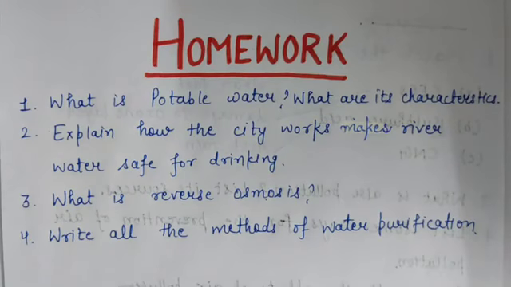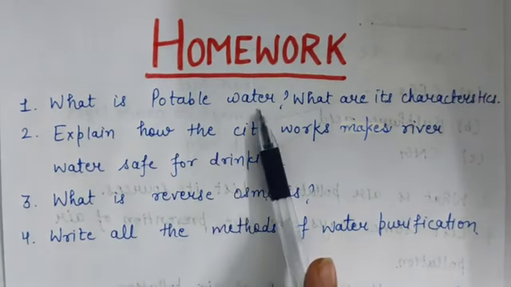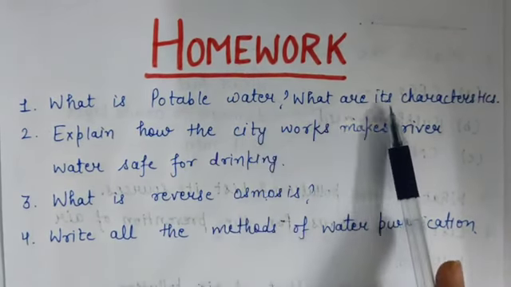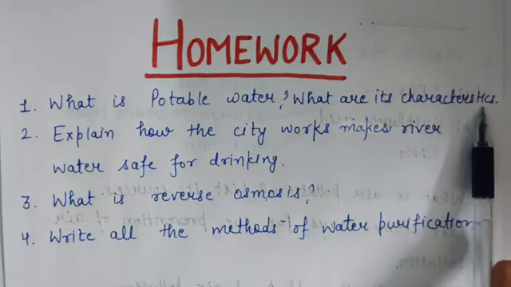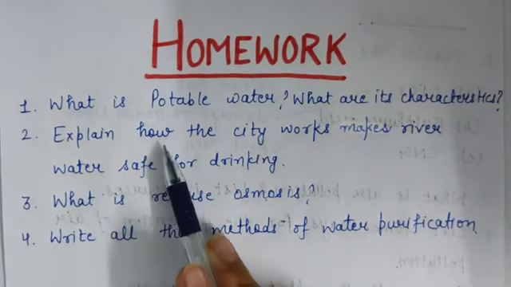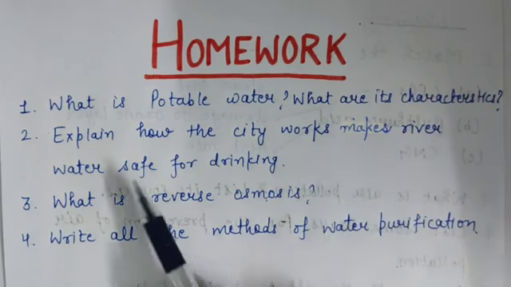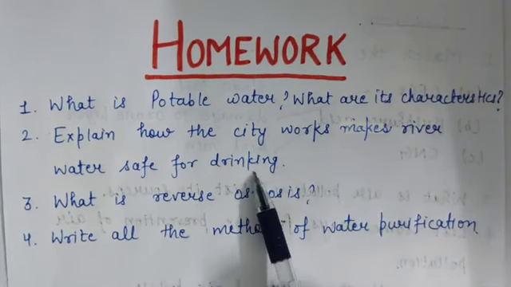Students, this is your today's homework. First question is, what is potable water? What are its characteristics? Okay. Second question is, explain how the city works makes river water safe for drinking.